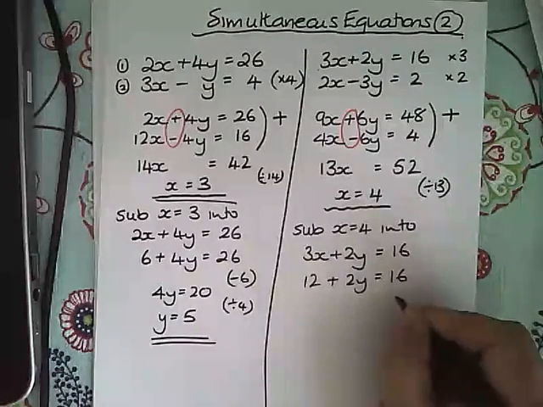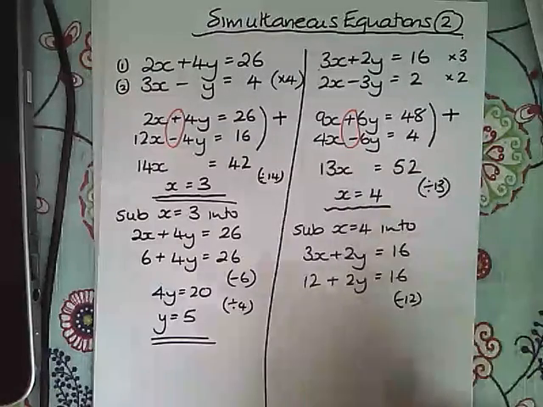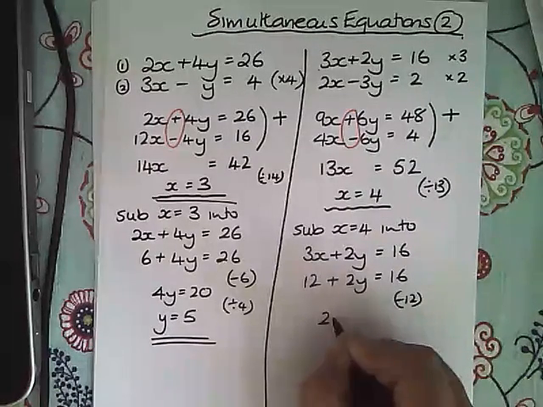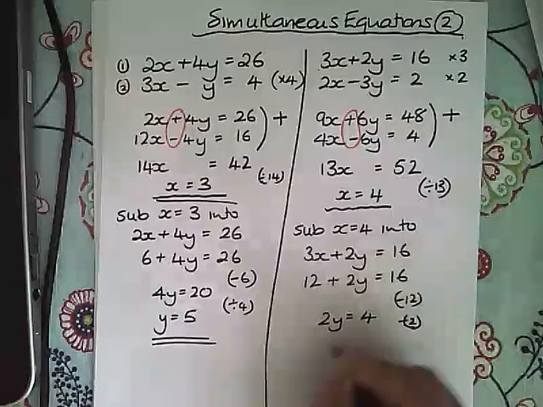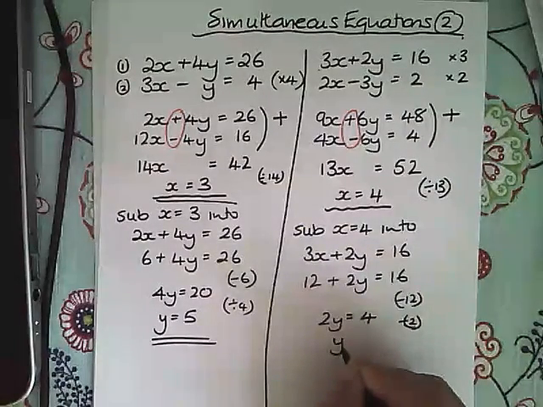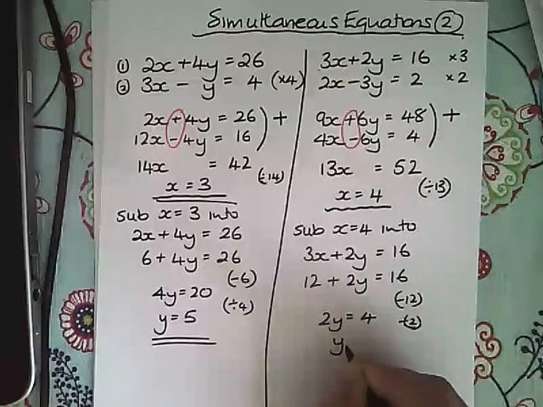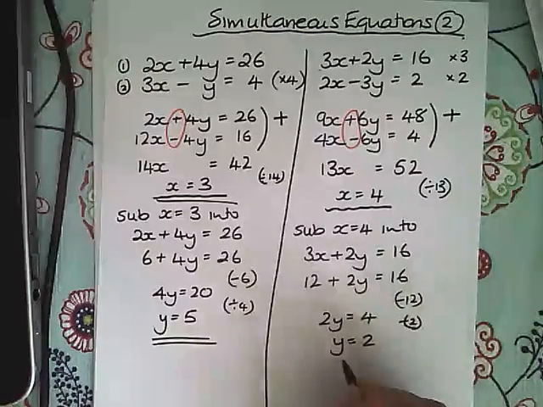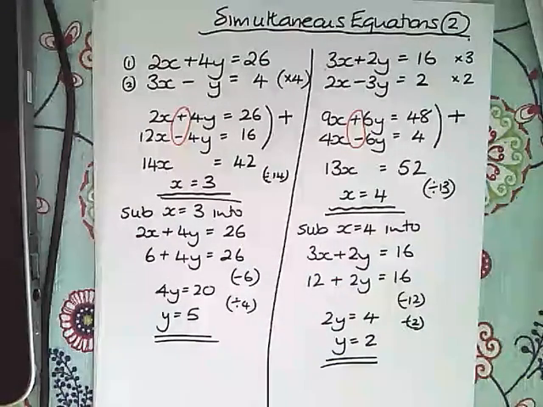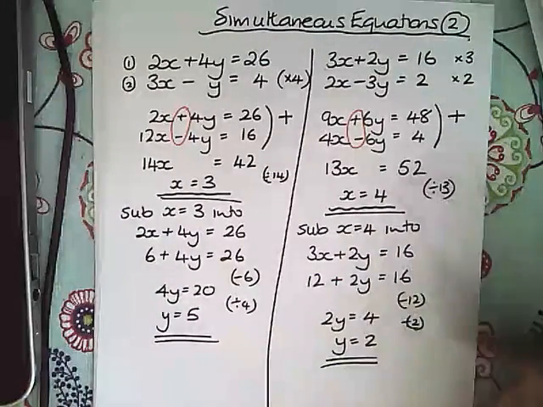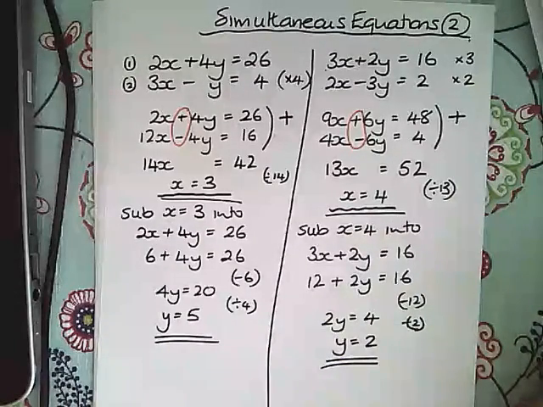Solving for y, take 12 away from both sides. 2y is equal to 4. Divide by 2, y is equal to 2. So in this case, our value of x was 4 and our value of y was 2.